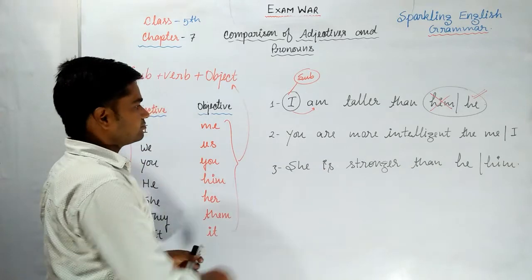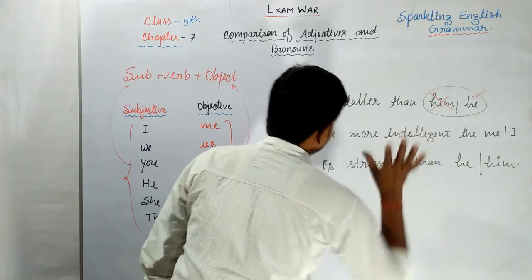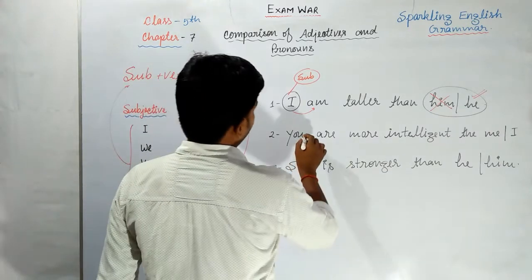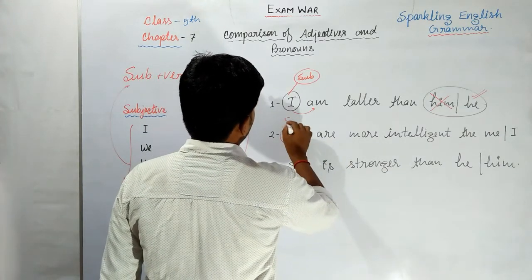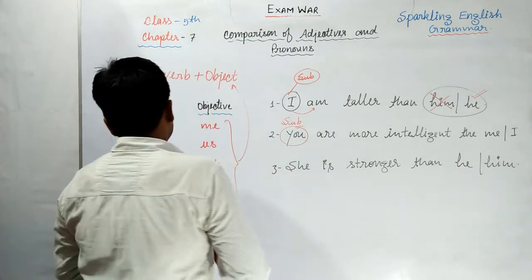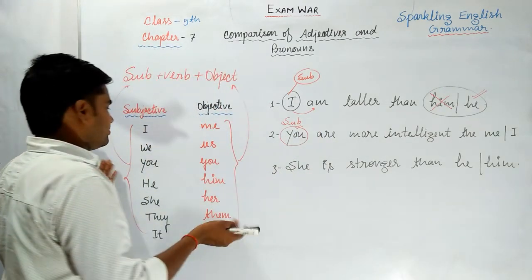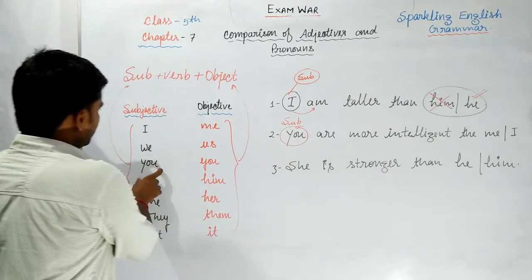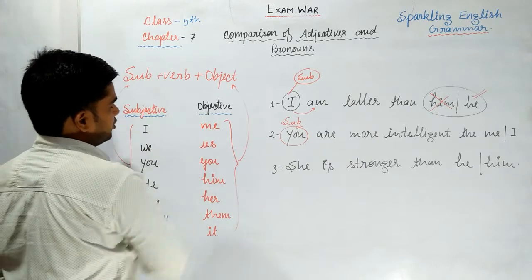Next one, you are more intelligent than me or I. So dear students, at this place, you is subjective. What type of pronoun? You is subjective. There may be some confusion for you. I will clear that right now. You is subjective also, you is objective also.